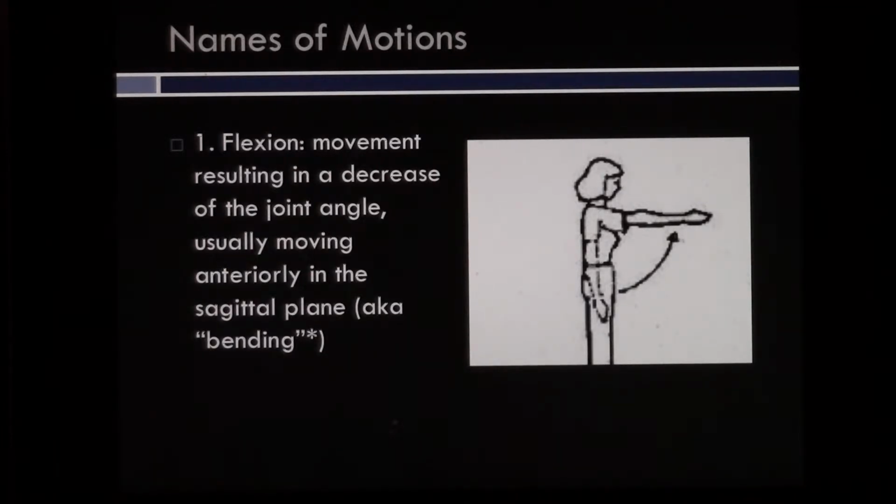Usually, so not always, but usually moving anteriorly. Remember, anterior is toward the front of the body. You can see she started from 180 down there at the bottom, and she moved her arm in front of her, toward the front of her body. So, usually moving anteriorly in the sagittal plane.